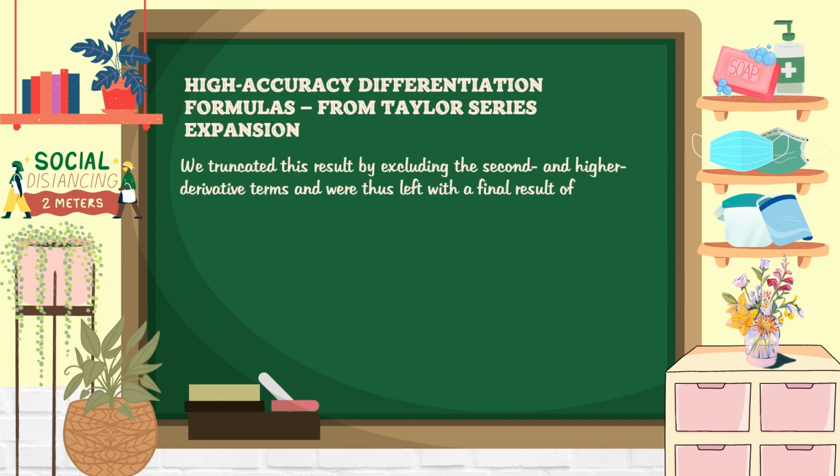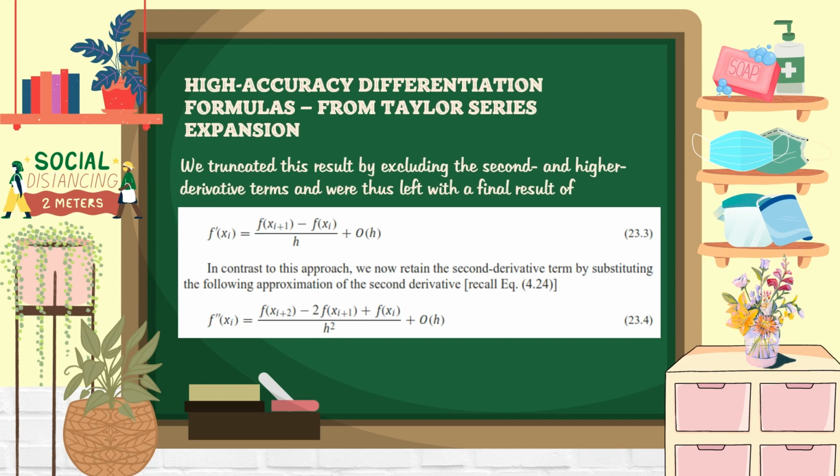We truncated this result by excluding the second and higher derivative terms and were left with a final result of the first derivative of the function of x sub i equal to the function of x sub i plus 1 minus the function of x sub i all over h, plus the error, represented by equation 23.3. In contrast to this approach, we now retain the second derivative term by substituting the following approximation of the second derivative. You can recall equation 4.24.